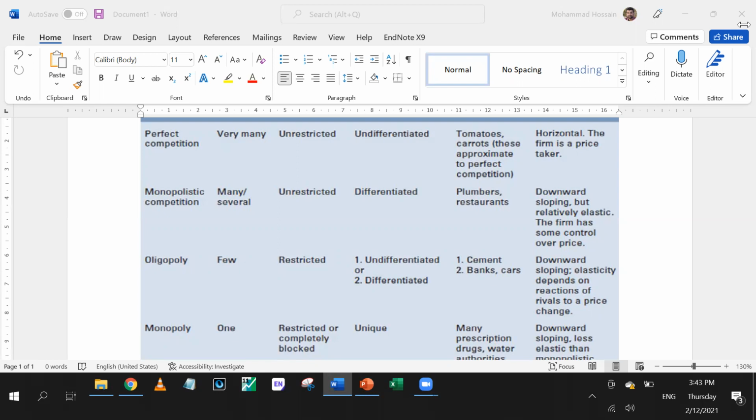The demand for the product is decided by the market. It's not about one firm. When I talk about the market, I mean demand and supply: demand is the consumer side, and supply is the producer side. The consumers of a market are all the buyers of that market.